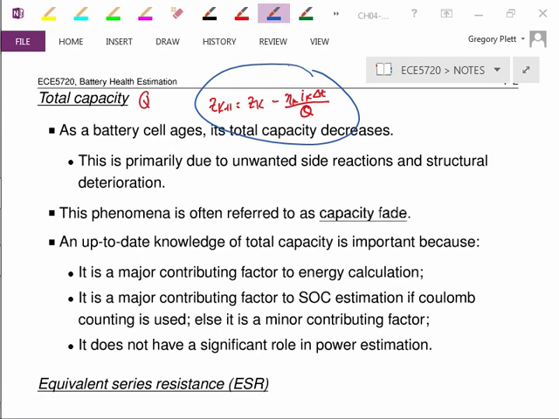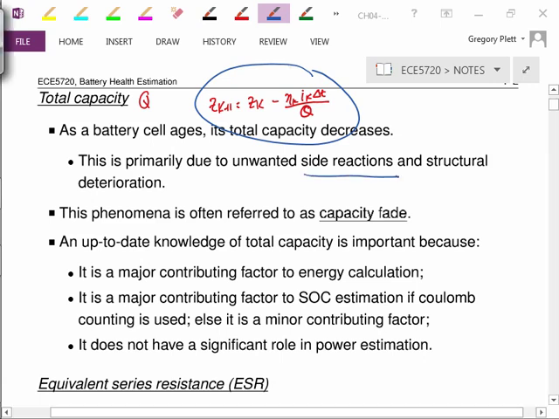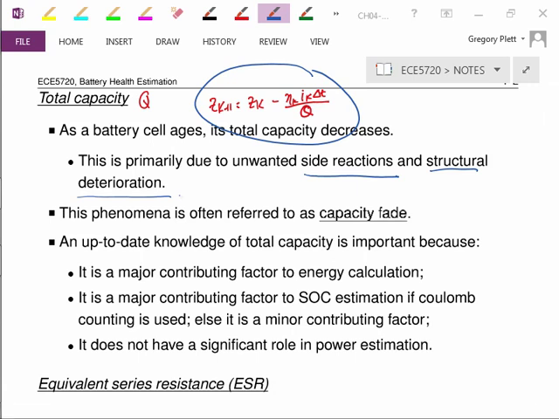So in an ideal battery cell, total capacity is constant, but in a real battery cell it is not constant, and it's primarily due to some side reactions and structural deterioration. So the side reactions are consuming lithium as we charge and or discharge a battery cell. Lithium is supposed to move from one electrode to the other.